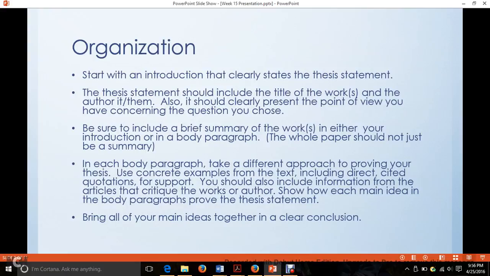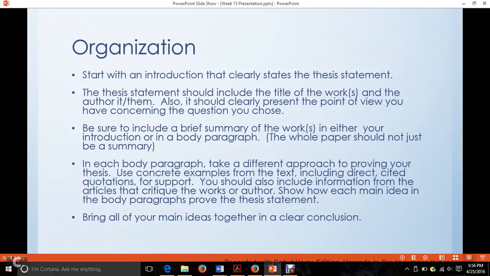Some organization tips. Okay, so you want to start your paper with an introduction paragraph, and it needs to include a clear thesis statement. Now, a thesis statement, as we may recall from previous courses or from our first paper, is a 1 to 2 sentence statement that lets the reader know what the point of your paper is. What's the topic?